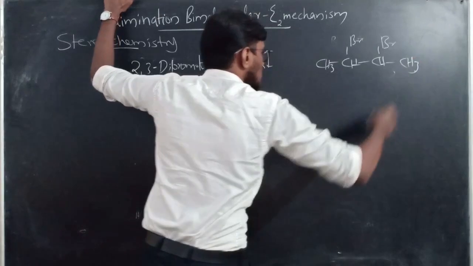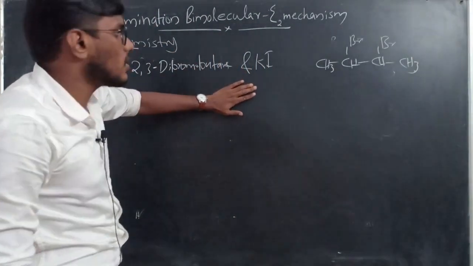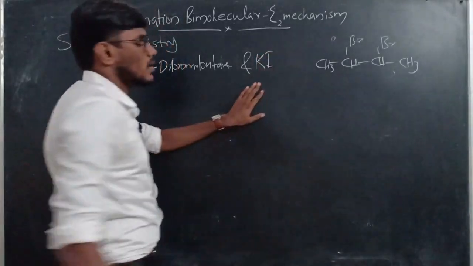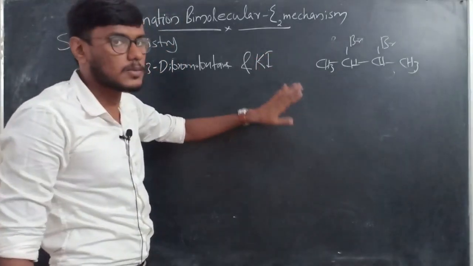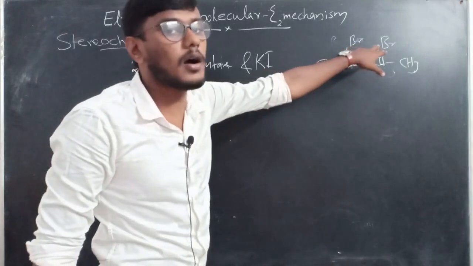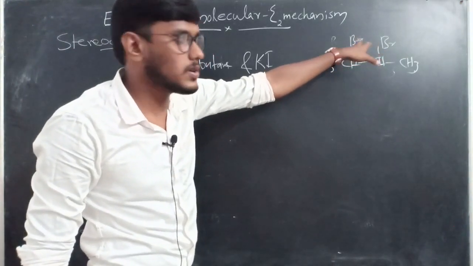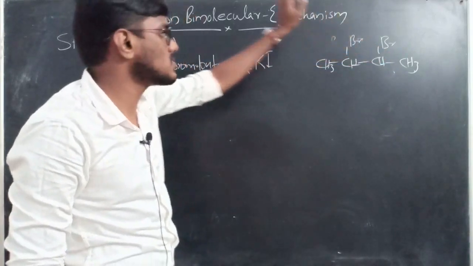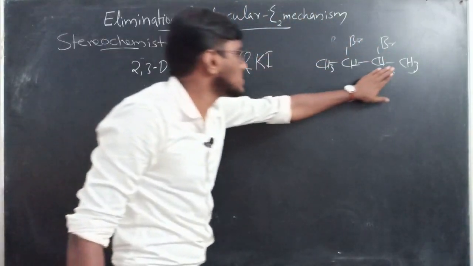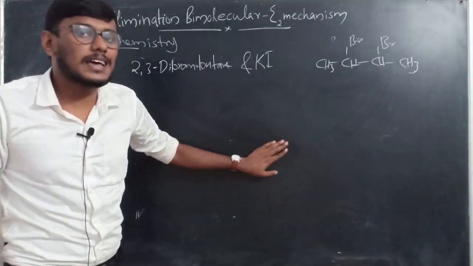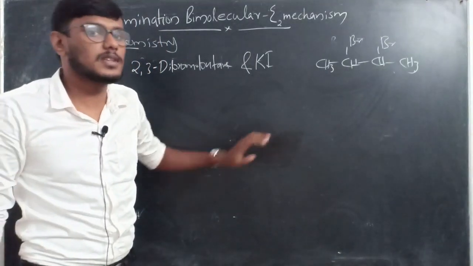This 2,3-dibromobutane reacts with KI and gives alkenes as the elimination product by eliminating the two Br. These are anti-eliminations. Minus Br2 eliminates and gives an alkene as the product, and we are checking the stereochemical aspects or the stereospecificity of that reaction.